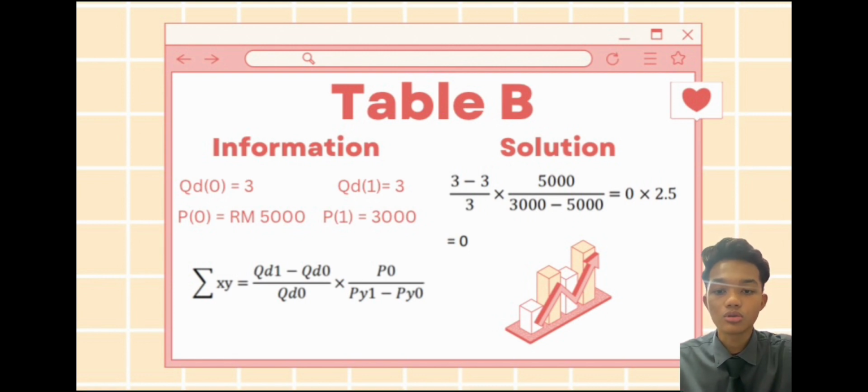We also will use the same equation as table A. For the solution, (3 minus 3) divided by 3, multiplied by 5,000 divided by (3,000 minus 5,000). The answer will be 0 multiplied by 2.5, and the final answer will be 0.